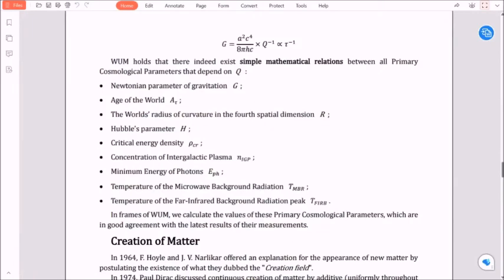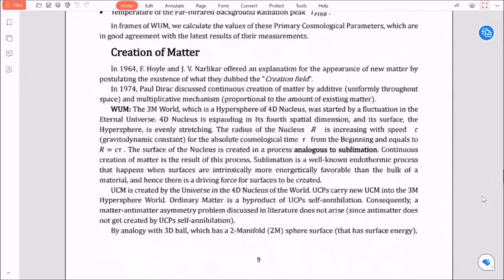In frames of WUM, we calculate the values of these primary cosmological parameters, which are in good agreement with the latest results of their measurements.